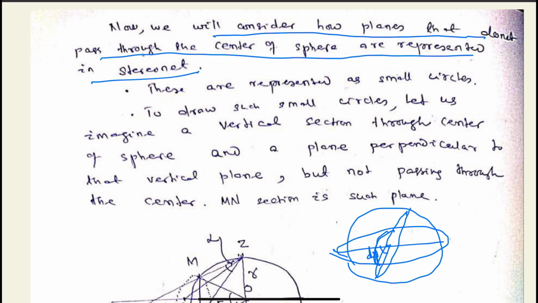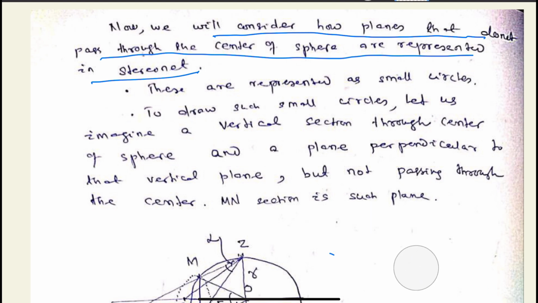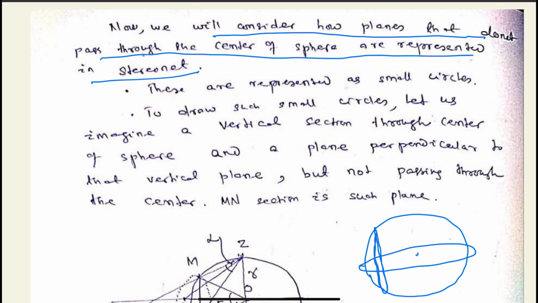Now we will discuss the planes which do not pass through the center of the sphere. If this is a sphere, imagine a plane like this. How will it be represented in the equatorial plane of the sphere? That we will discuss. These are represented as small circles.